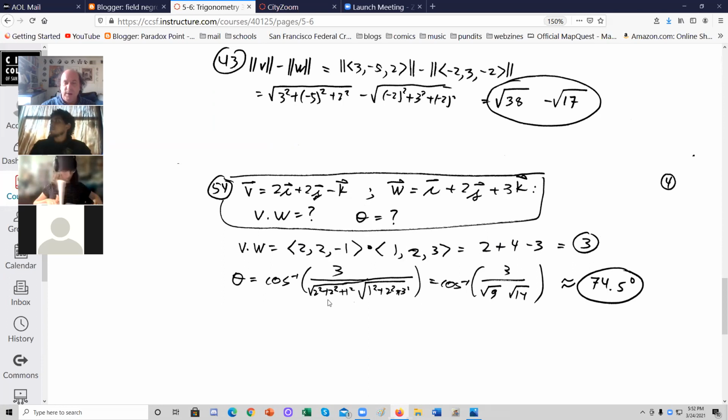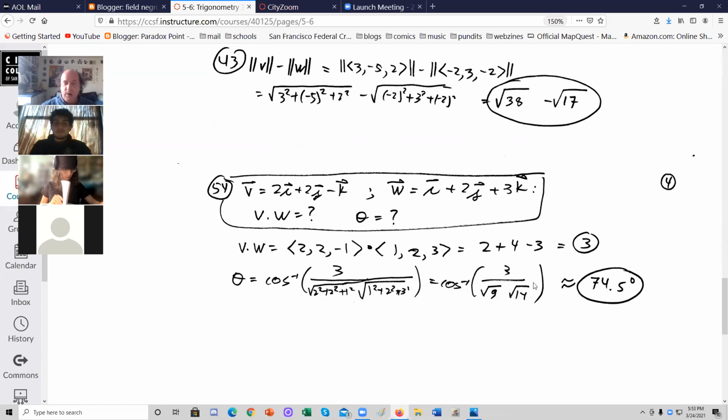That's the dot product. The angle between them is the inverse cosine of the dot product over the product of the lengths. The dot product is 3, as we saw. The length of this one is the root of 2 squared plus 2 squared plus 1 squared, which is 9, so that'll be 3. The length of the other is the root of 1 squared plus 2 squared plus 3 squared, which is 1 plus 4 plus 9 is 14, so root 14.